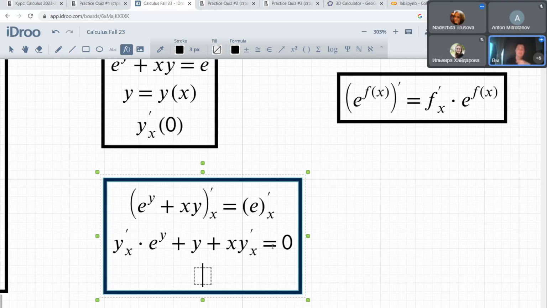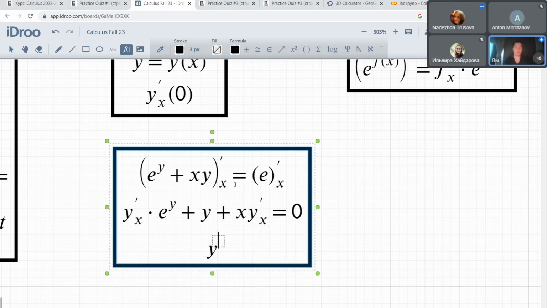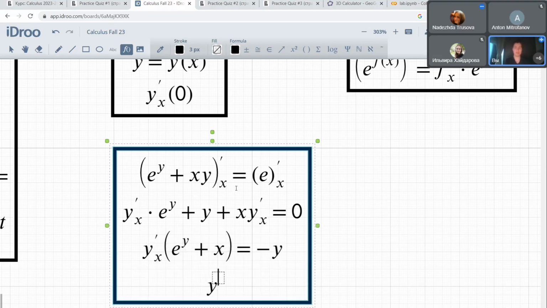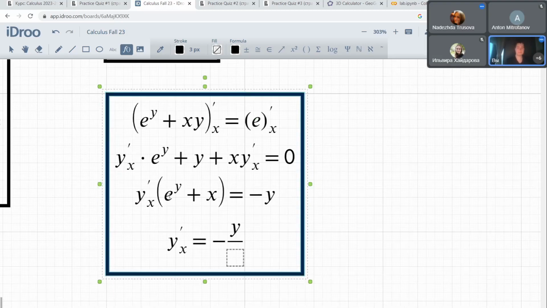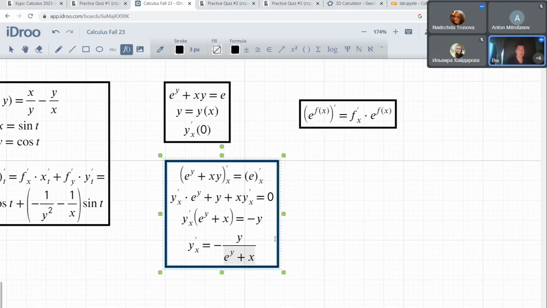So, applying this technique, just simply computing the derivative, we can express our unknown derivative via x and y, because you can see that we can do something with plus x minus y, and we can express our derivative in terms of y and x. Okay?